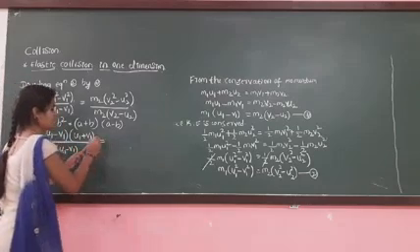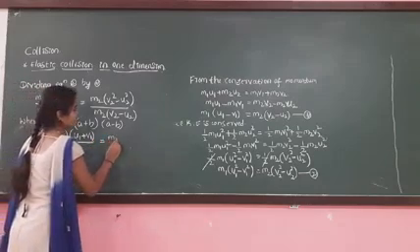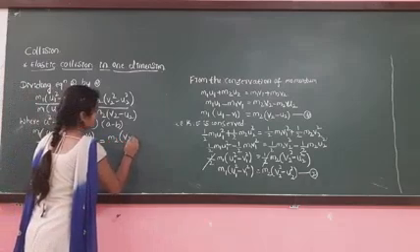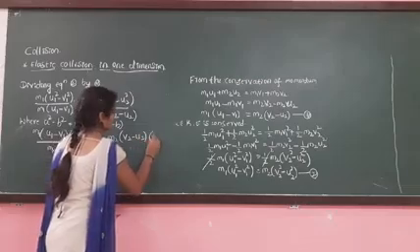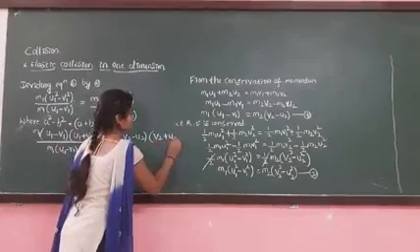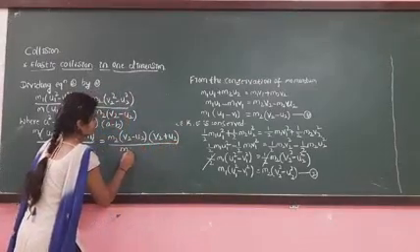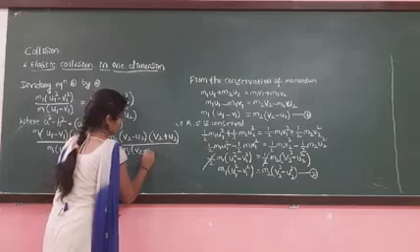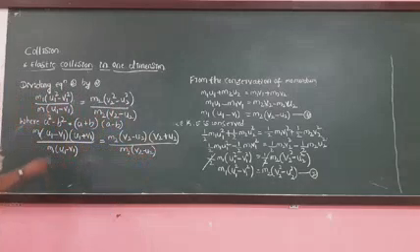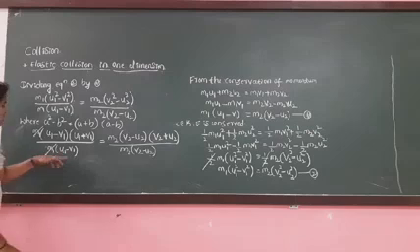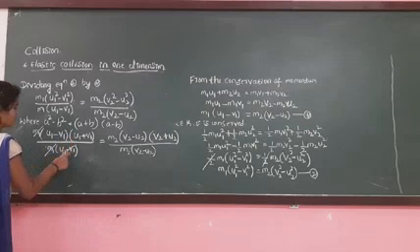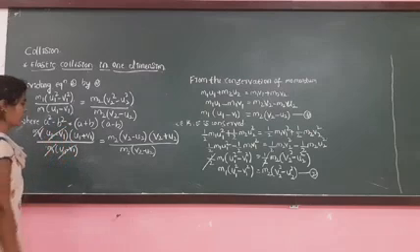Same also on the right side, m2 (v2 minus u2)(v2 plus u2) divided by m2 (v2 minus u2). The m1 in the numerator and denominator cancel each other, and u1 minus v1 is also cancelled.